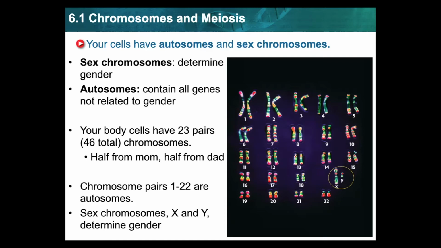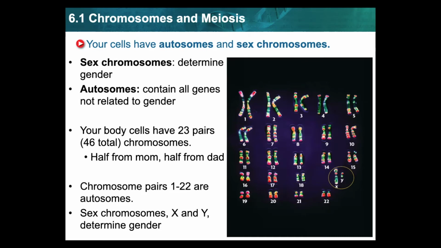You can see that Y by far is the smallest of all the chromosomes. There's about 90 genes on the Y chromosome. And those are only for male characteristics. X chromosomes are about 2,000 genes in length. And the reason why they're a lot more is that they contain more than just female characteristics.